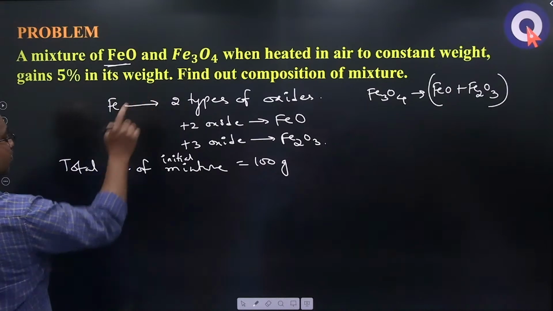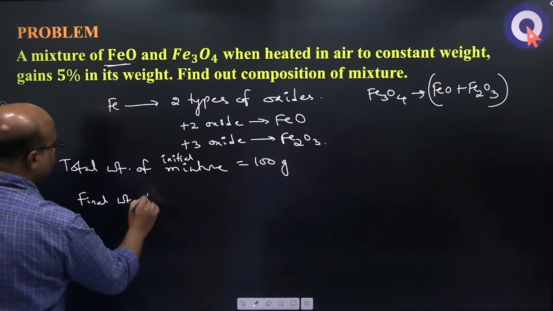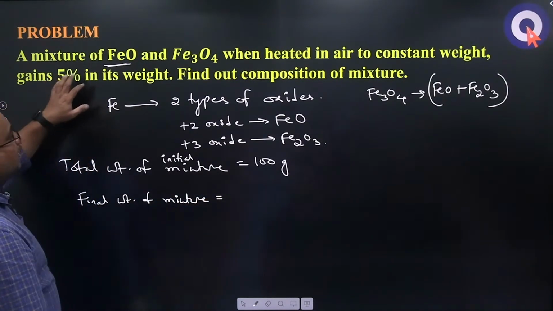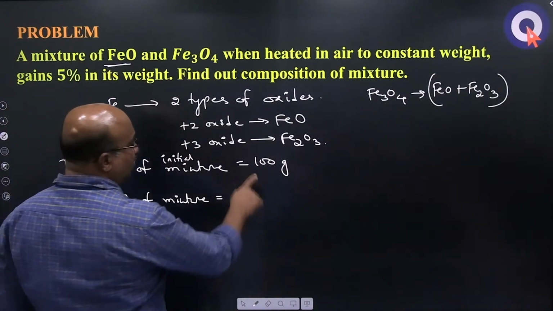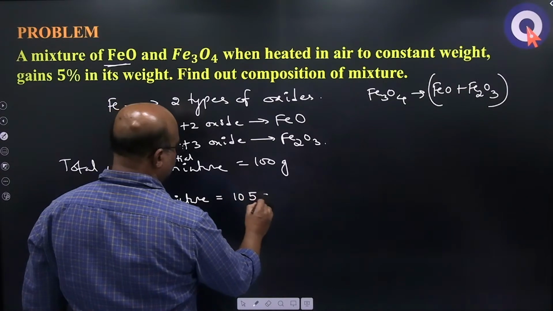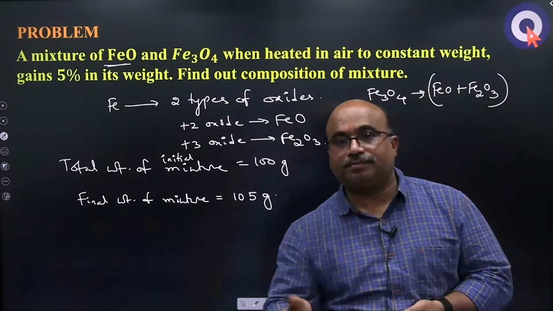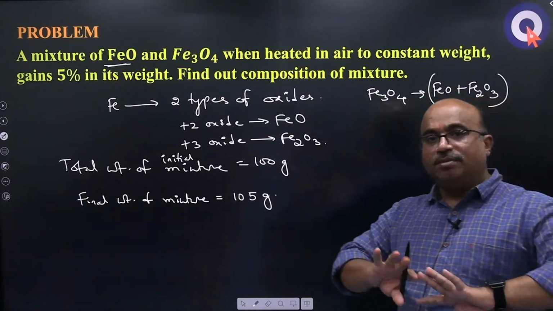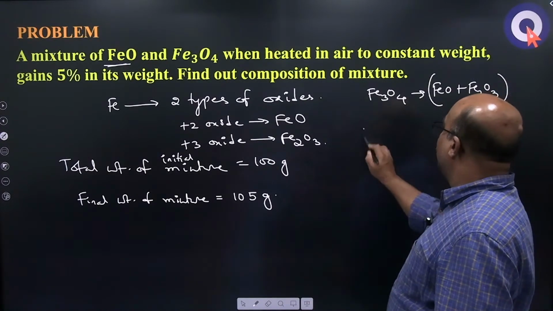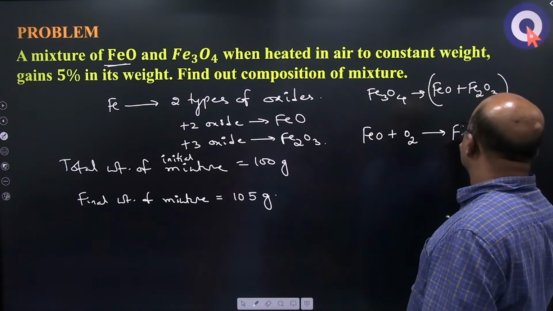But as per the given information, what is the final weight of the mixture? There is a 5% increase in it. A 5% increase means that for 100, the total weight finally becomes 105. FeO reacts with oxygen and converts into Fe2O3.